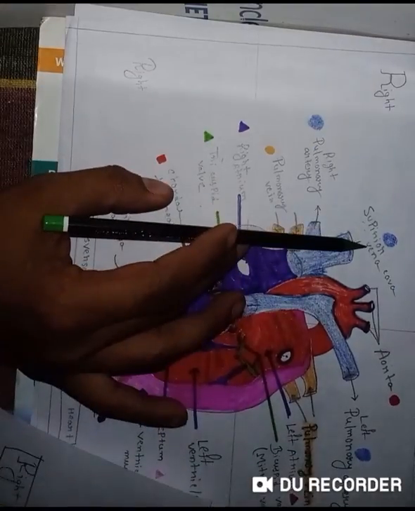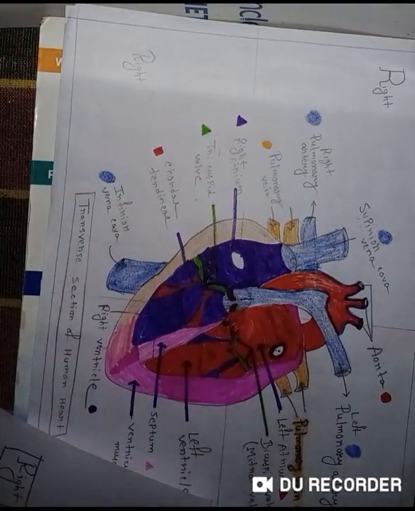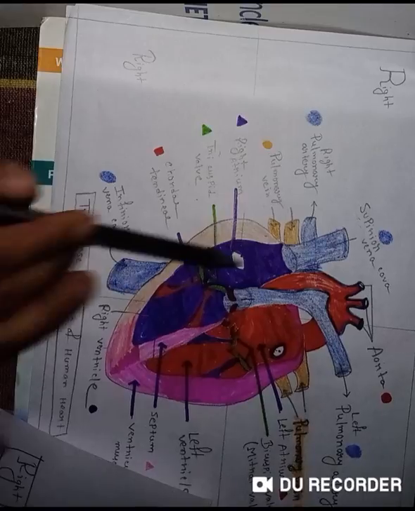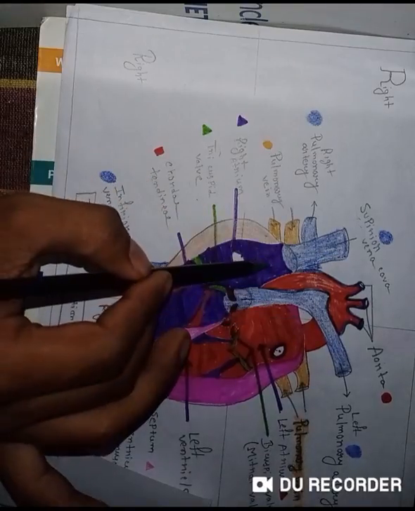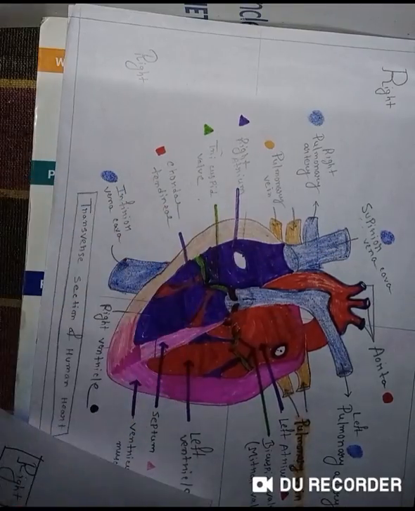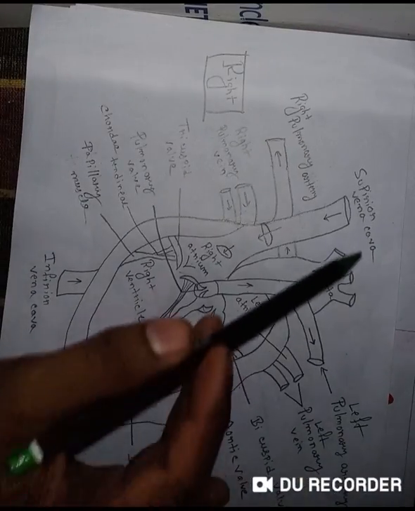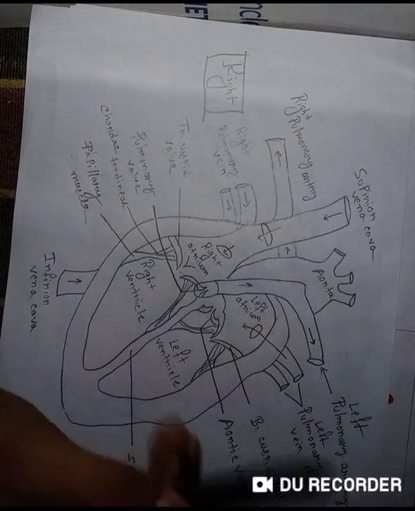The superior vena cava brings blood from the upper part of the body, and the inferior vena cava brings blood from the lower part of the body, and both of them bring the blood to the right atrium. This is deoxygenated blood. So this is the function of the right atrium, which receives the deoxygenated blood from both the vena cava.